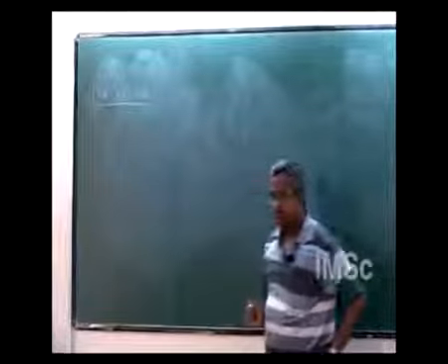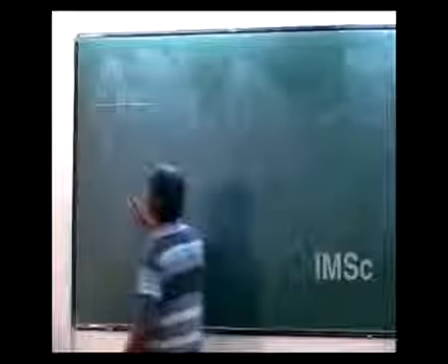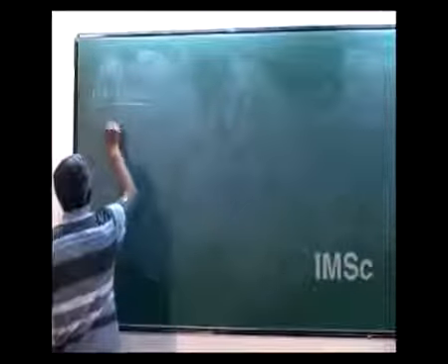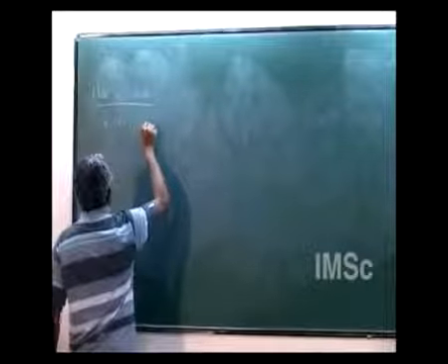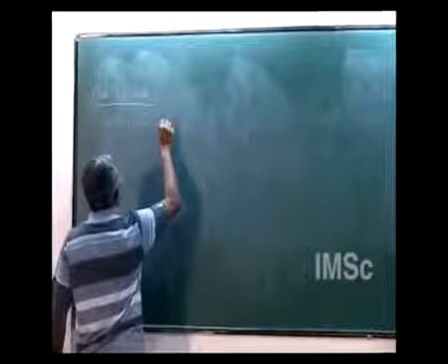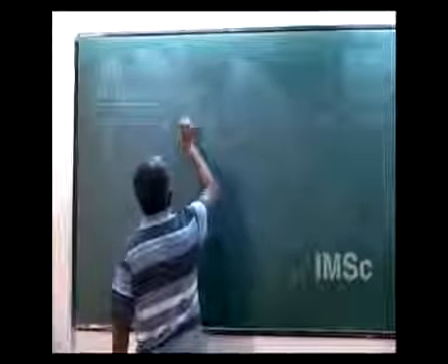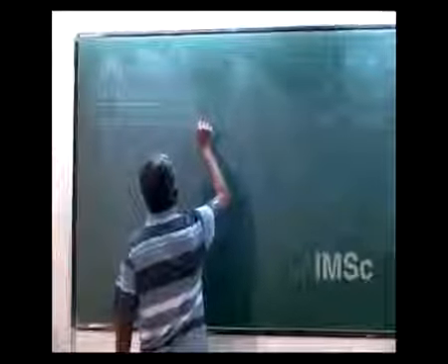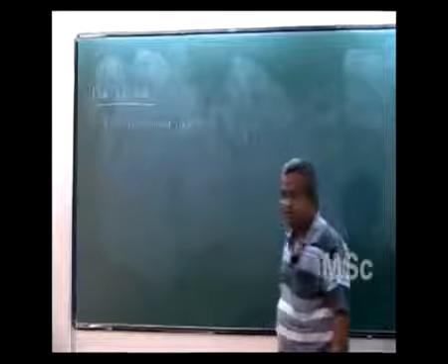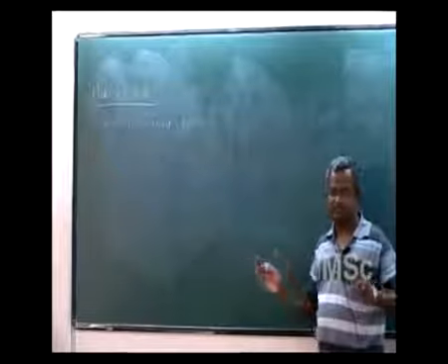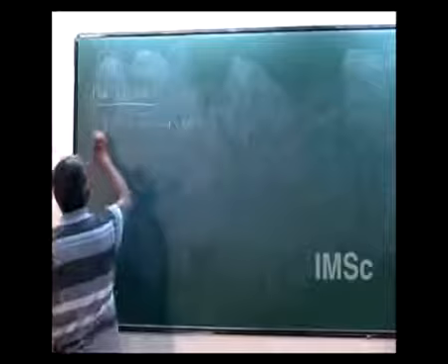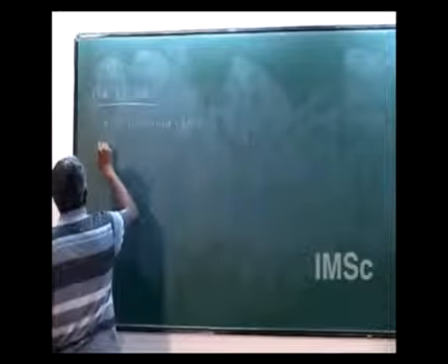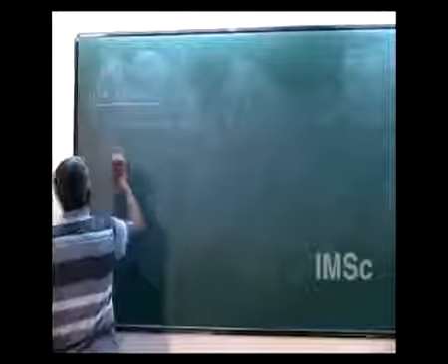So the minimum cut problem is as follows. You are given a graph G which is undirected. And you are given two special vertices S and T, and you want to separate S from T. So what we mean by separate, the goal is to find a cut.